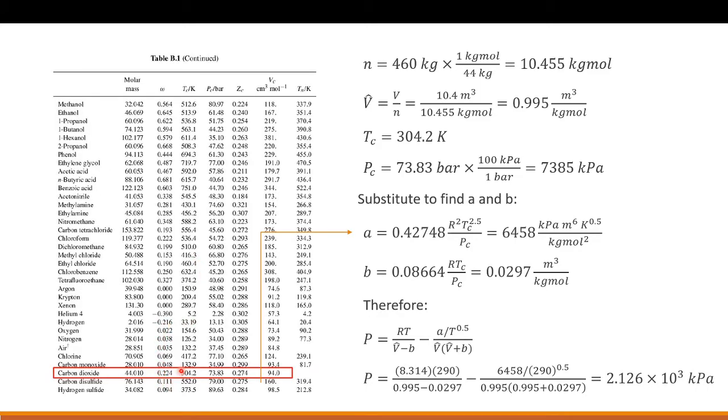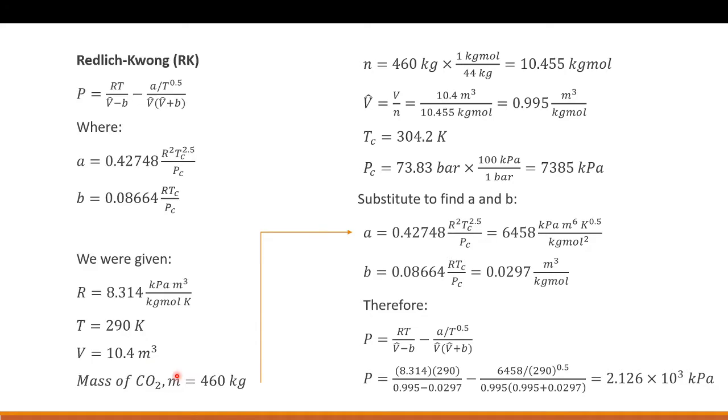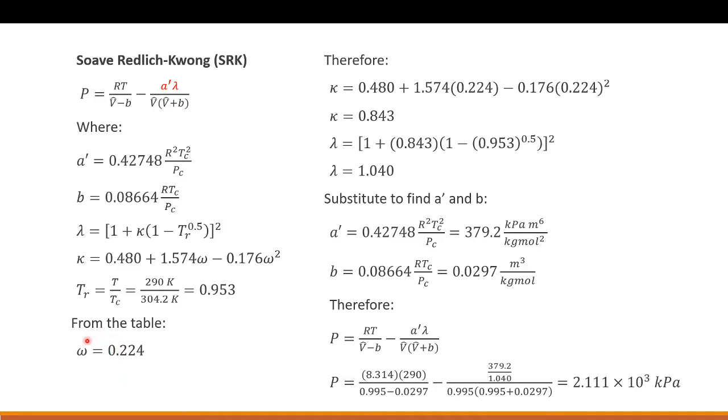Omega is here, 0.224. Now substitute your omega in to find your k, and then put your k back in to find your lambda. So this one we are doing in reverse. Your k should be 0.843, and substituting your k into your lambda here, you should get 1.040.